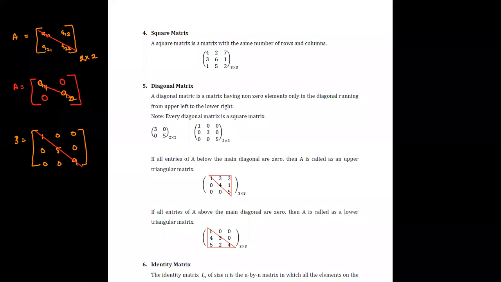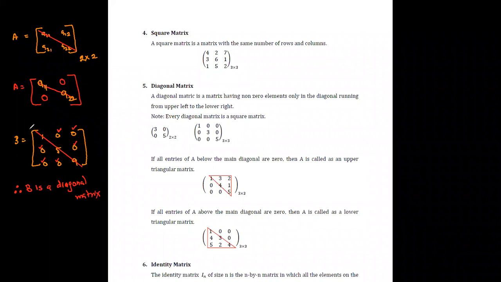All these elements are zeros, all these 6 places. Therefore, the elements which are not on the main diagonal are zero, and we can say that B is a diagonal matrix.